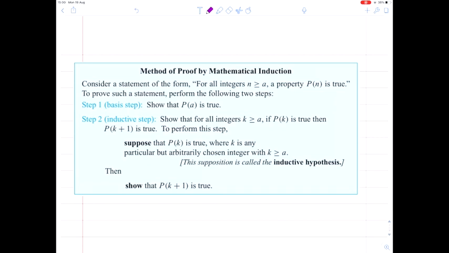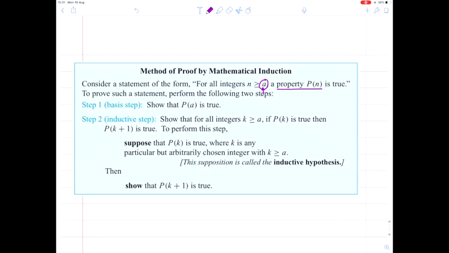You'll notice that pretty much every proof we do follows the same method when we're using proof by induction. And in a test or exam you will be told to use mathematical induction, so you'll know. The first thing is that you need to have some property P. Sometimes this will be given to you and sometimes you have to construct it. Then you need to do two things. You note what your base case is, so you want to prove for all integers bigger than some particular number, and that number will be your base case.